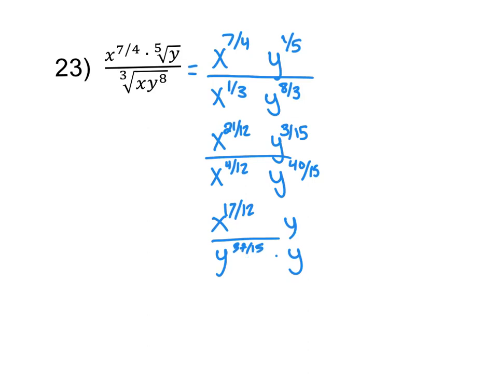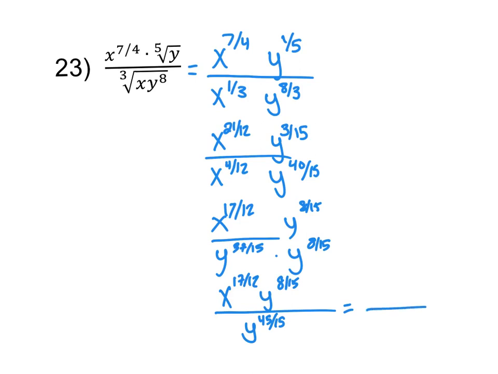So if I add 8/15 to 37/15, then I'm going to rationalize my denominator. And that gives me x to the 17/12, y to the 8/15 over y to the 45/15. I'm going to write that as y to the third, and I can see then that my denominator is in fact rationalized. And my numerator can be left like this.